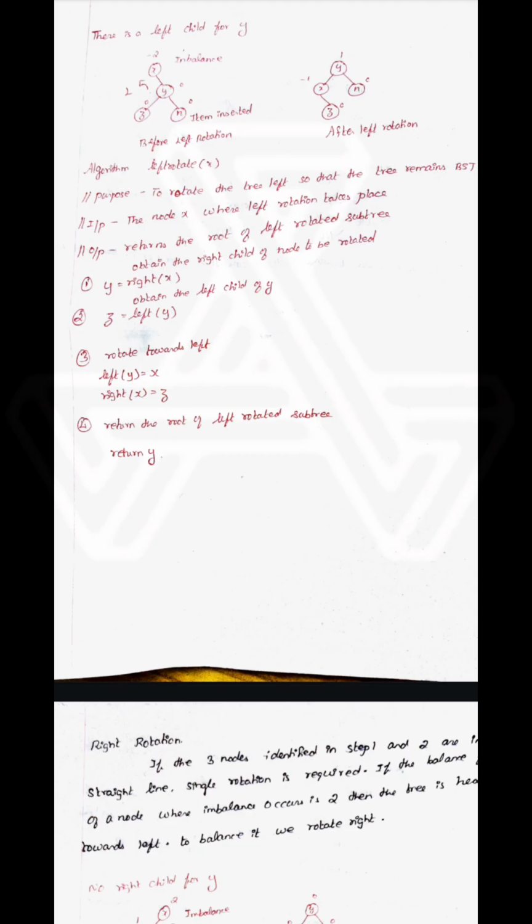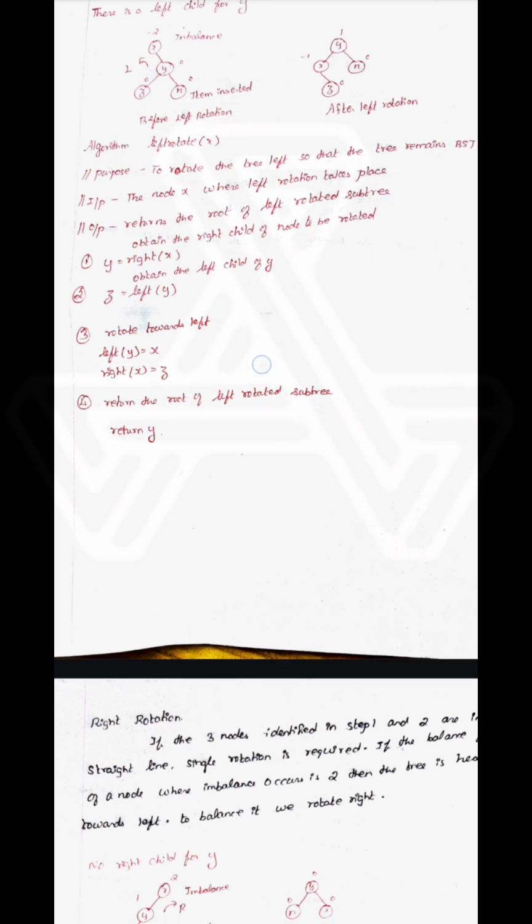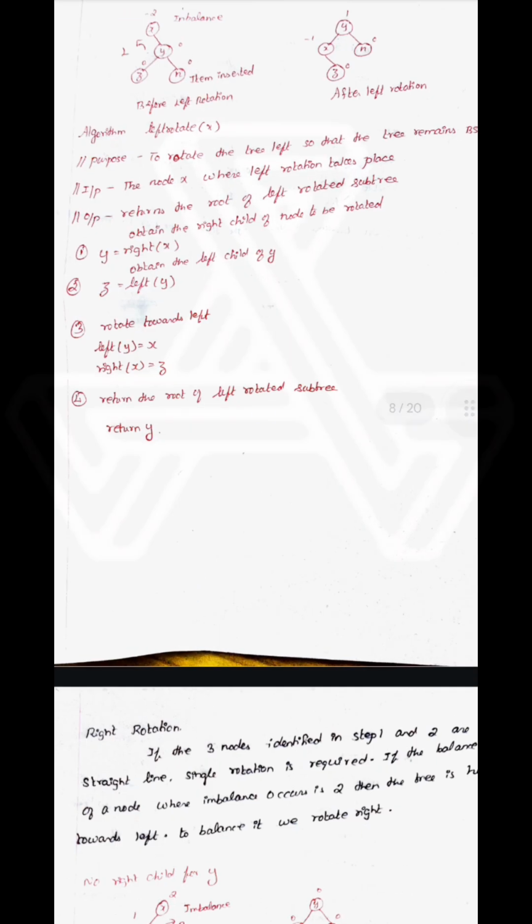That becomes left of Y will become X, then right of X will become Z. Return the root of the left rotated subtree, that is, return Y. Understood? That is left of Y equals X, then right of X equals Z.